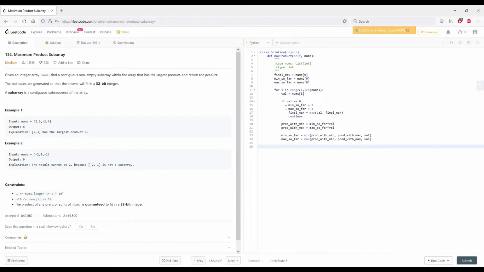Okay, and then finally what we want to do is final max here. This is going to be the maximum of itself, and min so far, and max so far.